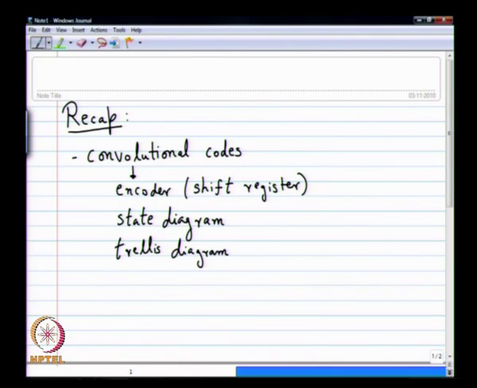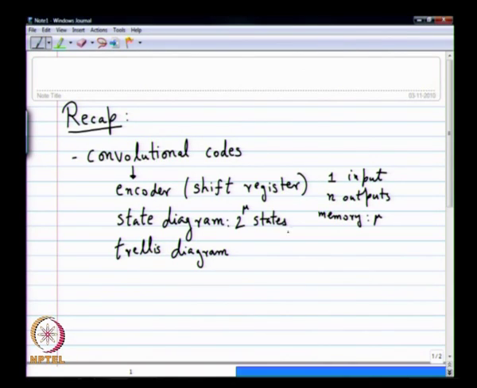Usually the shift register will have one input stream, and let us say some n outputs, and the number of D flip flops is also known as the memory. So memory is going to be some mu. If you make a state diagram with this shift register encoder, you are going to have how many states? 2 power mu states.